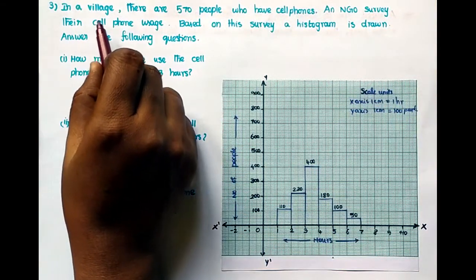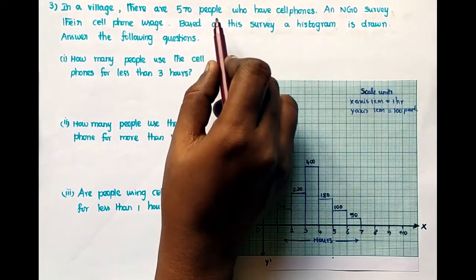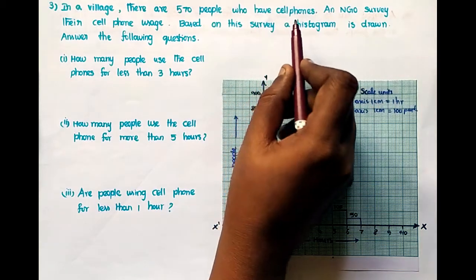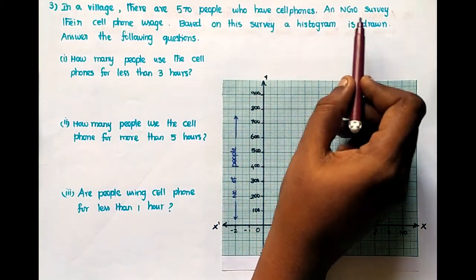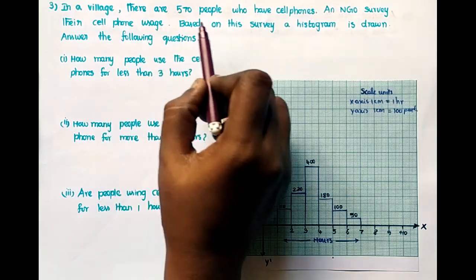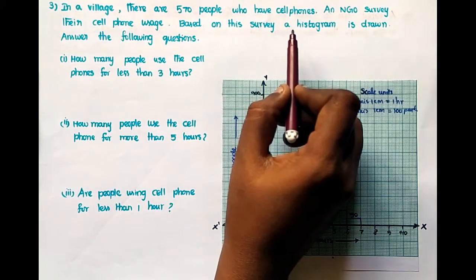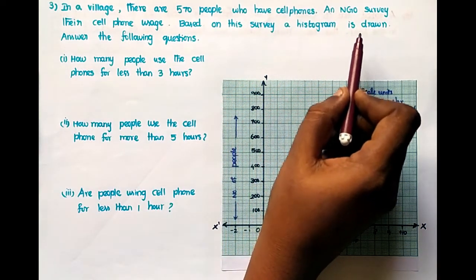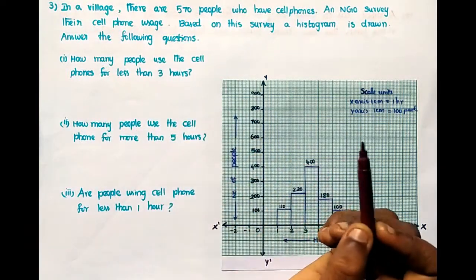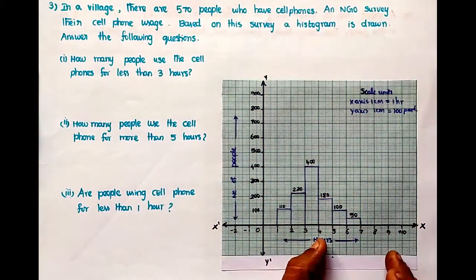Third sum, in a village there are 570 people who have cell phones. An NGO surveys their cell phone usage. Based on this survey, a histogram is drawn. Answer the following questions. Listen, they have given the histogram.